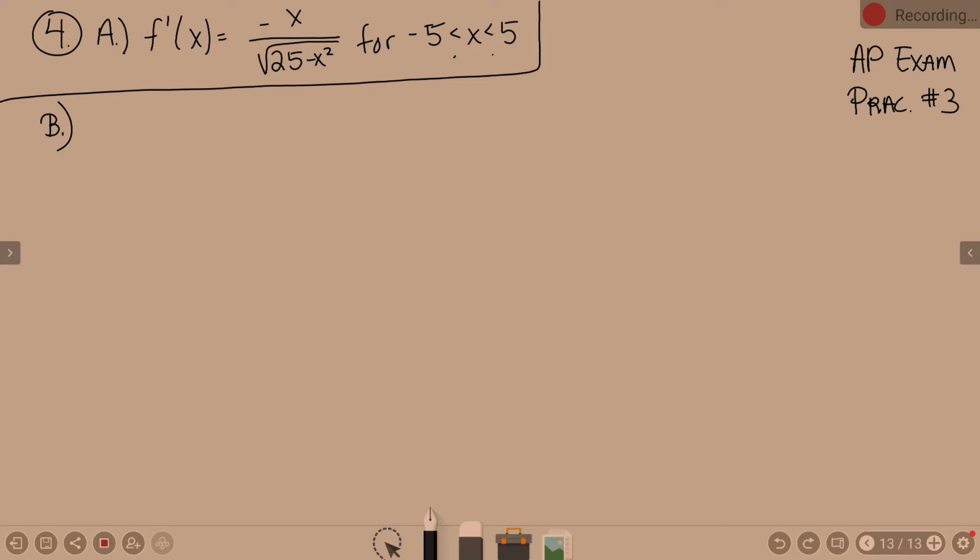B, write an equation for the line tangent to the graph of f at x equals -3. So, when you need to write an equation for a line, well, we're going to need a slope. We're going to need a slope, and you need a point, right?